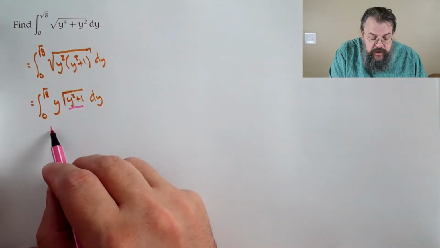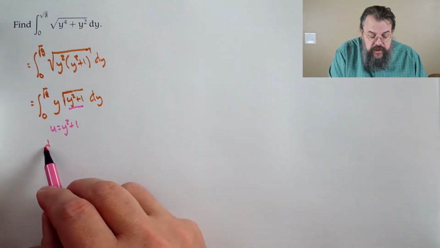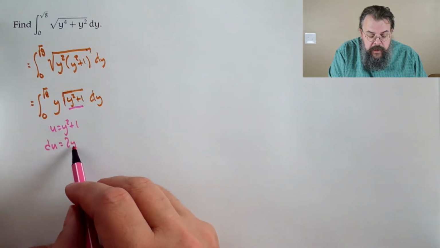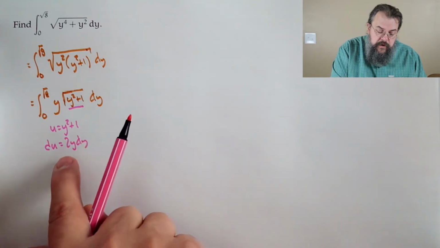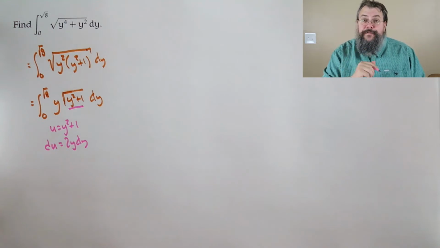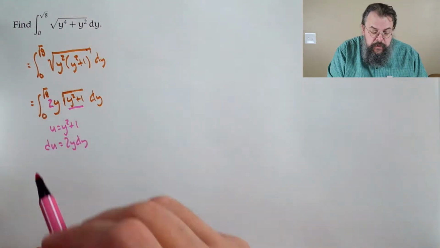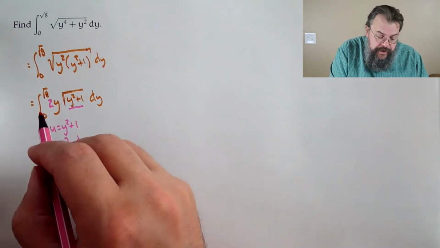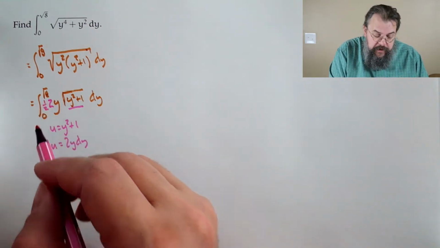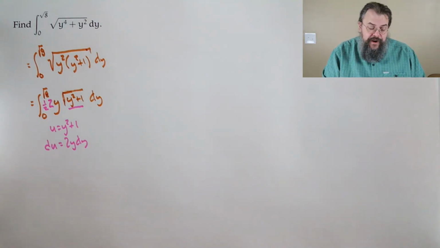Well, if we let u equal y squared plus 1, then du is 2y dy. Now you might say, well, Steve, there's no 2. Well, okay, we can fix that. That's not so bad. Put a 2. But wait, if there's a 2 there, I'll also put in a half. So you see the half and the 2 balance out.